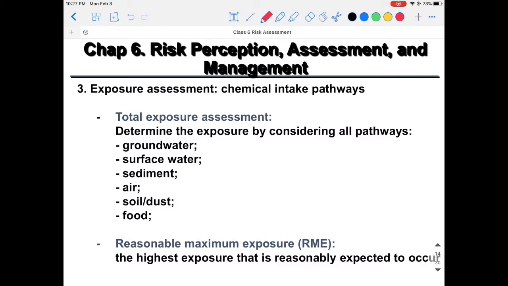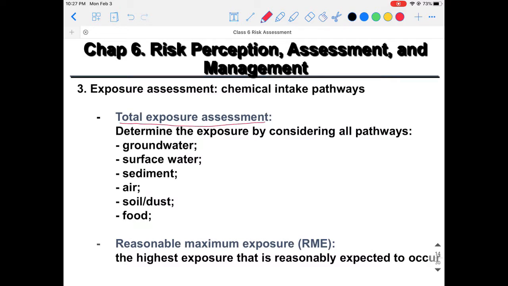So the third part we want to focus on is the exposure assessment. So for the exposure assessments, we want to understand how these chemicals can interact with a human being, or interact with the test animals, okay? Because different contaminants may enter our body system in different ways.